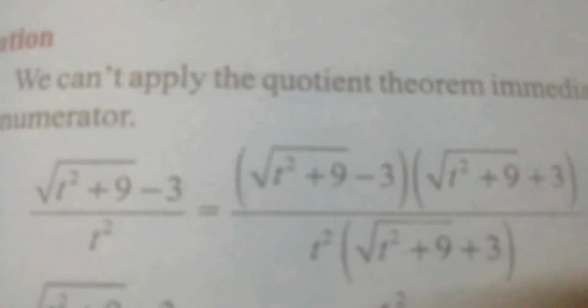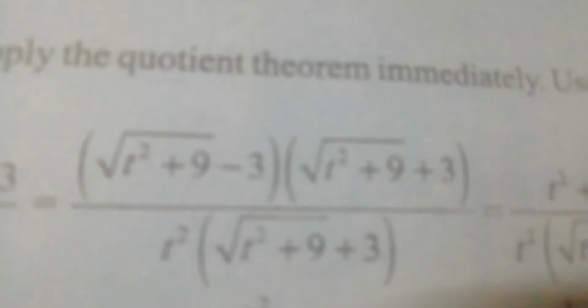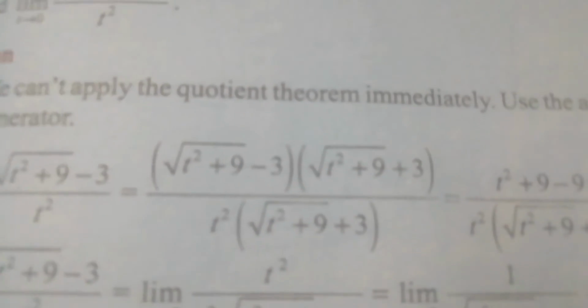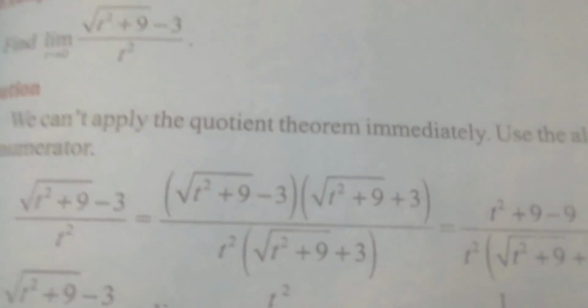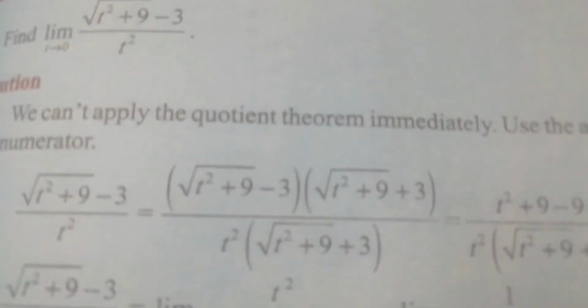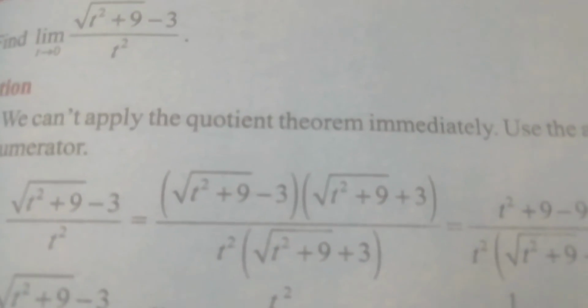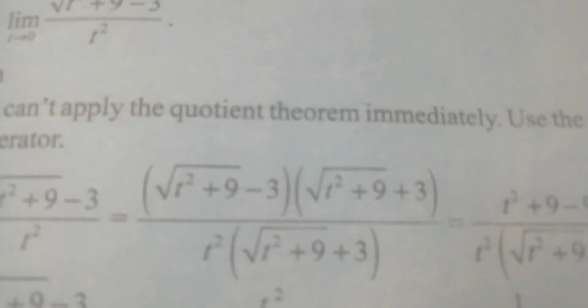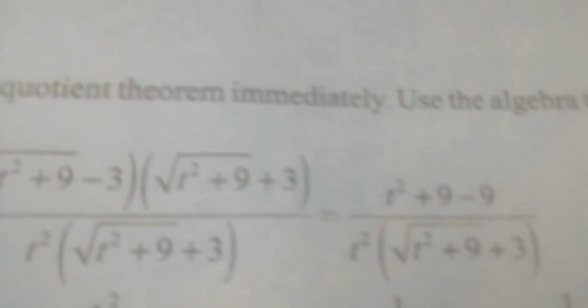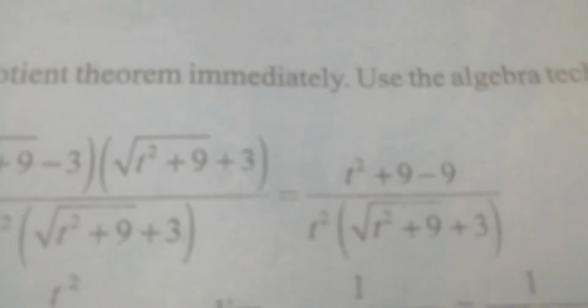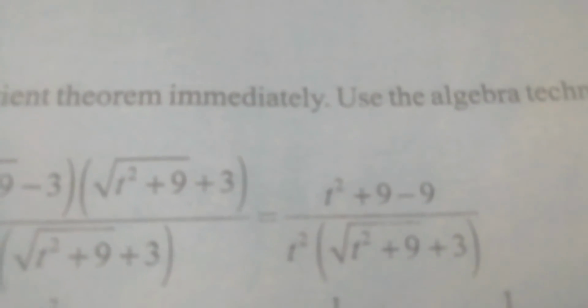So how to simplify? We can take the conjugate. Here minus 3 is there, so we take plus 3. You can multiply by plus 3 on numerator and denominator. Now this is a minus b into a plus b, so it becomes t square plus 9 minus 9.